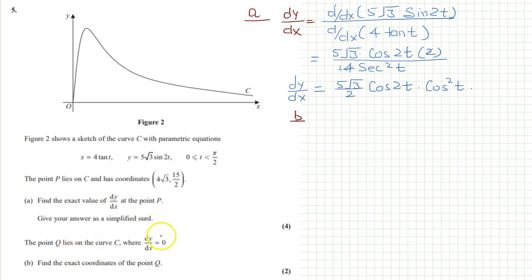Point Q lies on the curve C. Point P lies on the curve C. Imagine this is point P. Point Q lies on the curve C where dy over dx is 0.